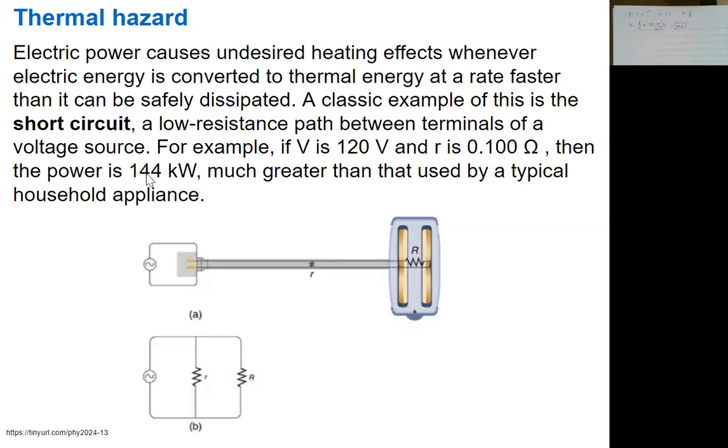That's a huge power, which will heat up the materials pretty quickly. Remember, the power consumed by a conductor becomes the heat inside it. So the temperature will rise very quickly, then it will set fire to the material, causing a fire.